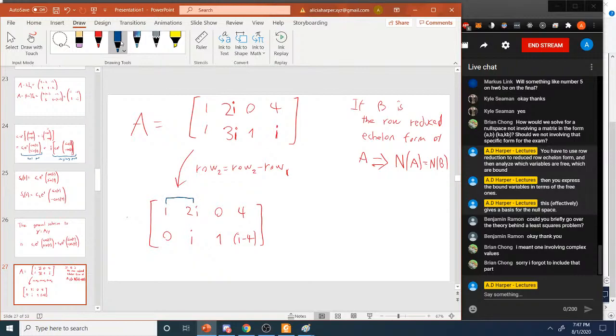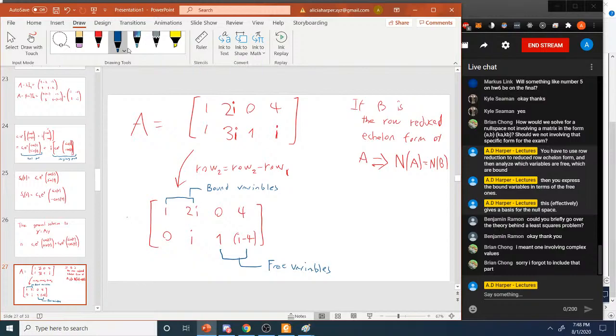So this and this correspond to bound variables, and this corresponds to free variables. So we can express our bound variables in terms of our free variables.